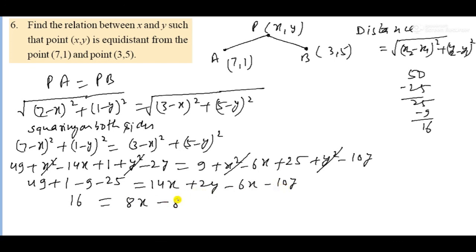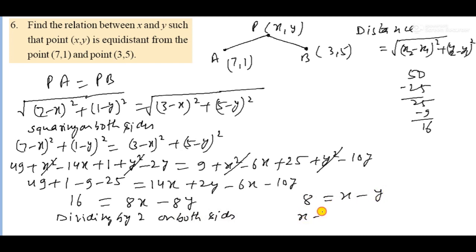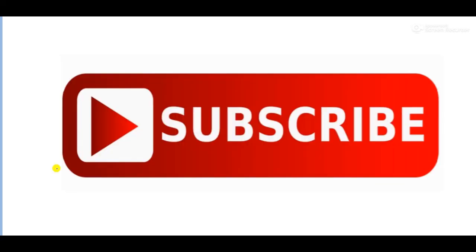Now apply the (a minus b) whole square formula. 7 square is 49, x square, and 7 times 2 is 14, so minus 14x, plus 1 square is 1, y square minus 2y. Here 3 square is 9, x square, and minus 6x, plus 5 square is 25, y square, and minus 10y. So y square cancels with y square and x square cancels with x square.